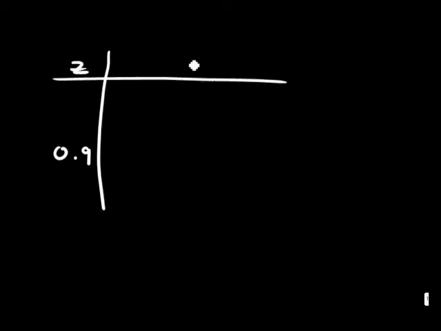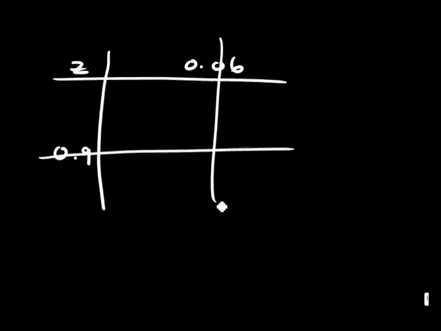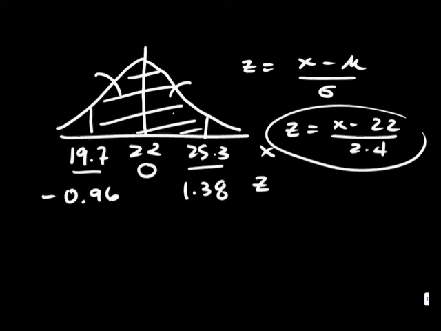So, 0.9 row, 0.06 column, we find 33.15, or 0.3315. That's on the left.